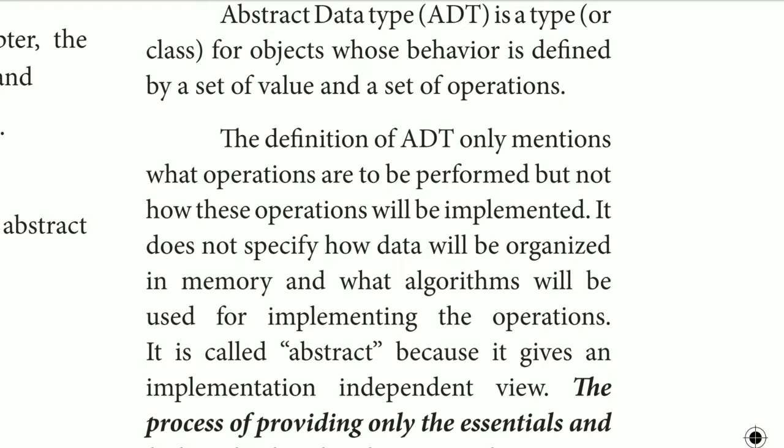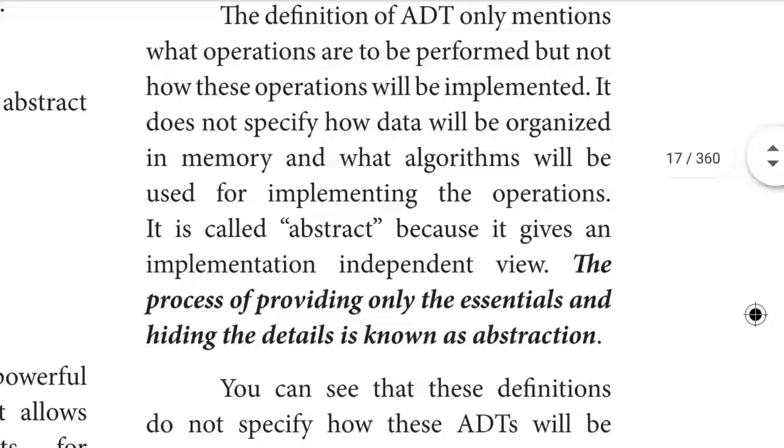These are all the things that are represented by abstract data types. Because it gives an implementation independent view, the process of providing only the essential and hiding the details is known as abstraction.